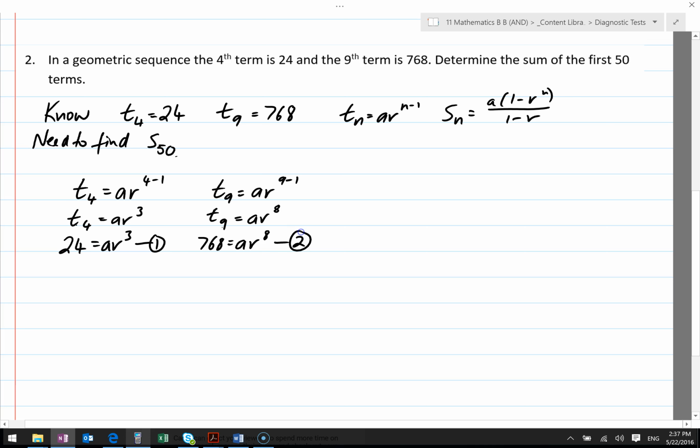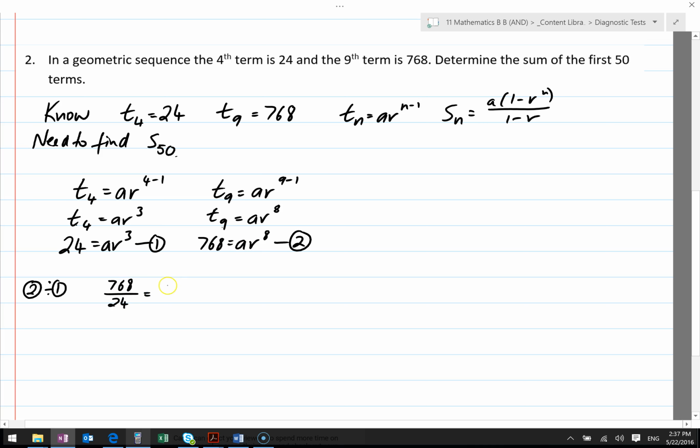So I've got two equations and two unknowns. I don't know A and I don't know R. I'll try to find them both at the same time, simultaneously. So I'll take equation 2 and divide it by equation 1 and see what happens. So equation 2, 768, on equation 1, 24.